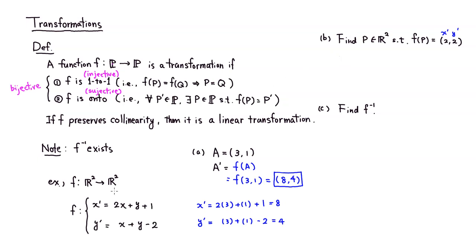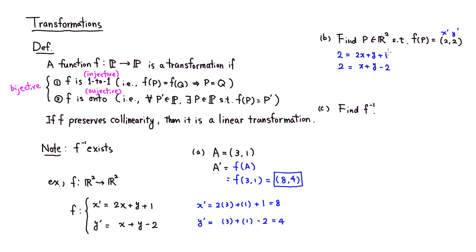You have x prime, which is 2, equal to 2x plus y plus 1. And y prime, which is 2, is equal to x plus y minus 2.